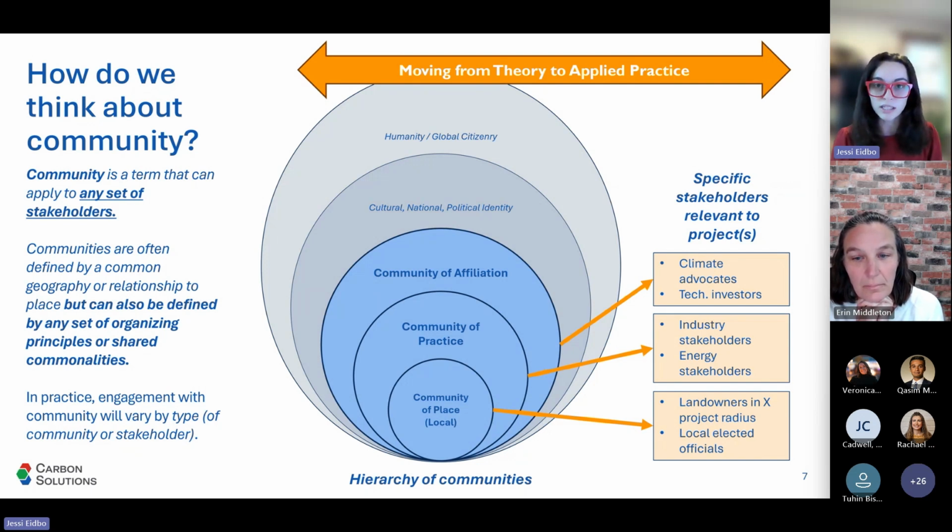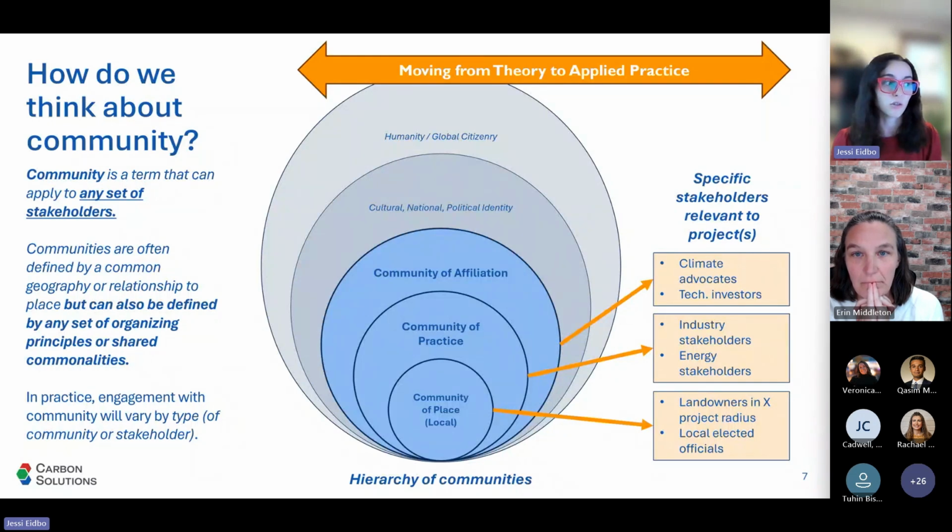When you're thinking about community of place, what's relevant to the fact that there's a shared geography? If looking to site a CDR project, maybe thinking about landowners in your project radius, right? The fact that they are inherently close to where you want to site is very important. Local elected officials are going to hold regulatory authority over some permitting decisions, but you may be in a different space or phase of engagement, and we'll talk about that in a second, where you're thinking higher level, that you may not have a site, and the stakeholders relevant to your project may be affiliated more with a community of practice, like industry stakeholders or energy stakeholders specific to your technology, or for DAC, the DAC community.